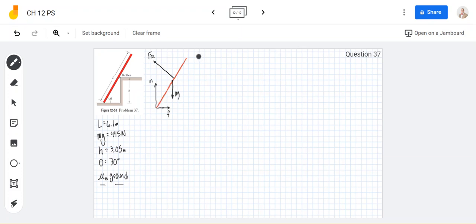So the thing balances, so what's that tell us about our net torque then? Net torque has got to be equal to 0. And so let's see if we can find out what the torques are. So our pivot point, like we like to do, we'll make our pivot point down here.